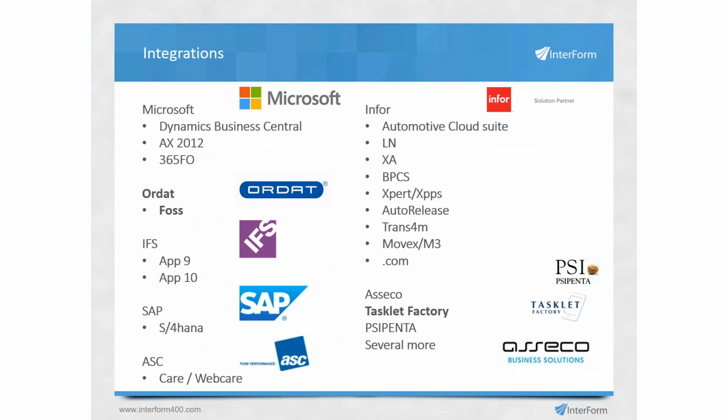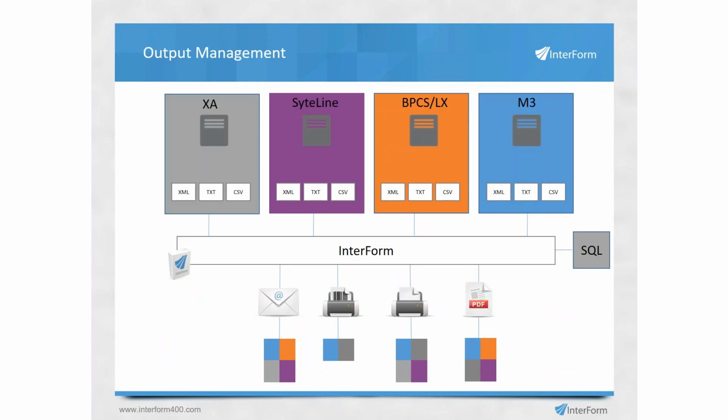While Rick showed you the Infor products, this product is actually interfaced with Microsoft Dynamics, SAP, and Oracle. There are any number of different ERPs that are using this product, because the product is definitely agnostic to the software. It allows you to set up InterForm as a separate function to whatever your ERP is.